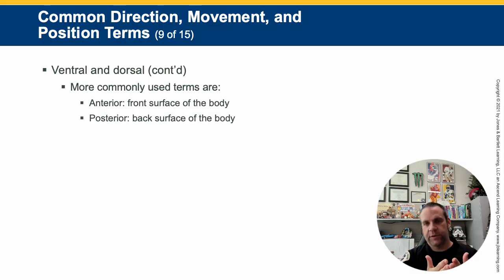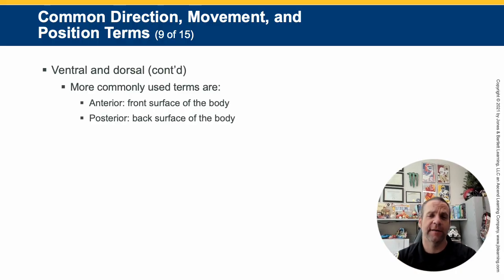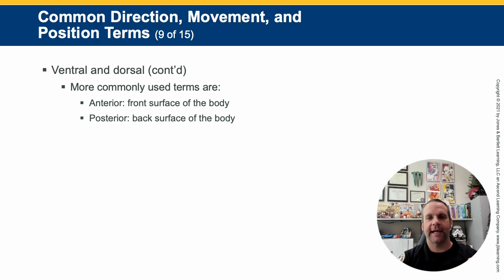So also referring to body orientation, these pairs are often used interchangeably in clinical language. When we're talking about dorsal and ventral, anterior and posterior, anterior and posterior tend to be more common in modern medical documentation, while ventral and dorsal is kind of the standard for anatomy and certain specialties.